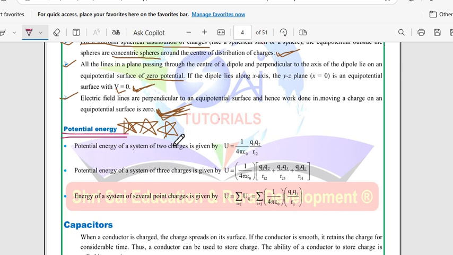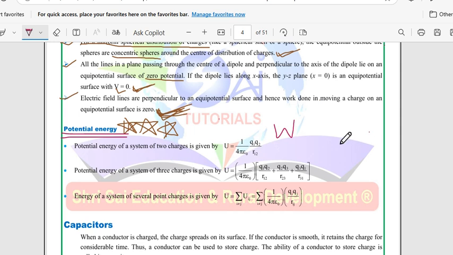system of charges from infinity to a given configuration. The electrostatic potential energy of a system of charges is defined as the amount of work done in bringing the system of charges from infinity to a given configuration, that is, the given state of the system.